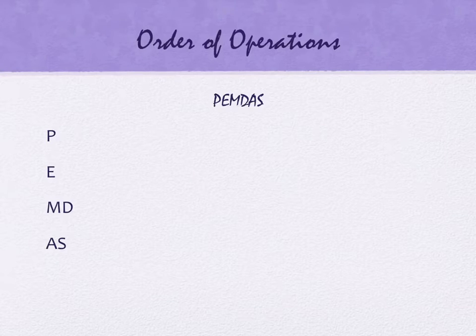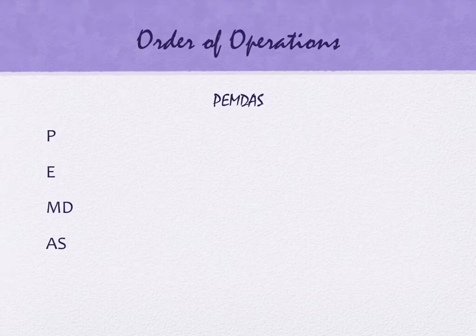Okay. There is one caveat to this that is highly unfortunate in memorizing the order of things. The M and the D really don't have an order, and the A and the S really don't have an order. So if we had actually memorized this as PEDMAS, P-E-D-M-A-S, it would still be correct.